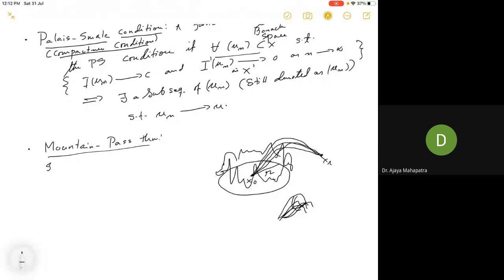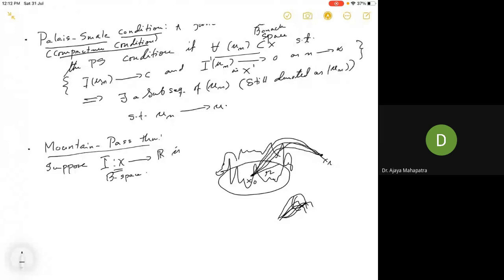So suppose I from a Banach space X to R, so X is my Banach space. Because I'll be dealing with convergence, I need a Banach space to work with. Incomplete spaces are useless to me.